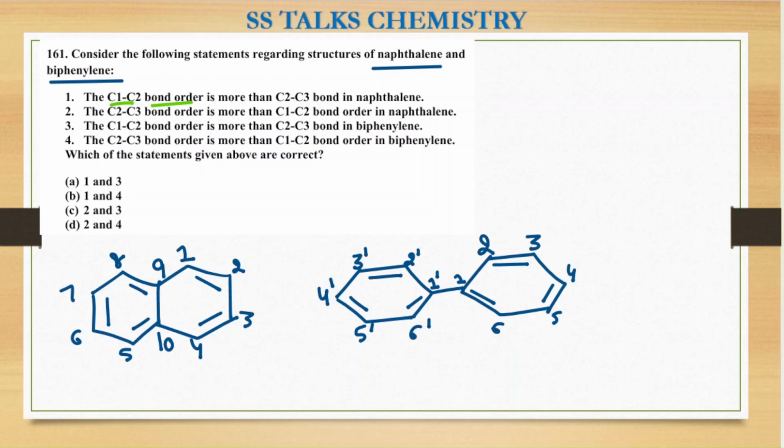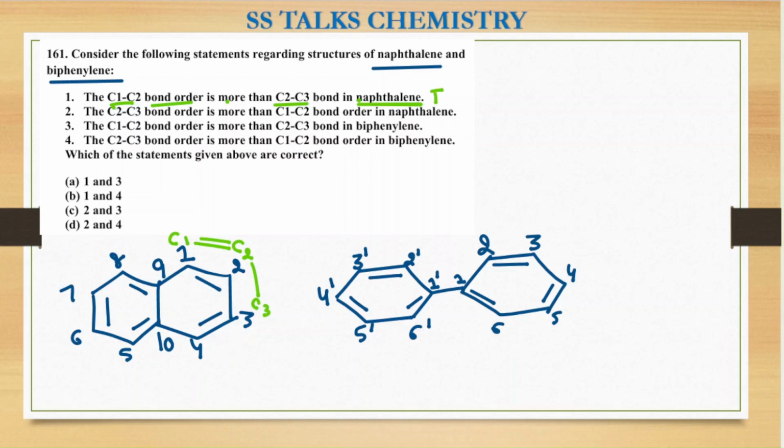So it says the bond order between carbon 1 and 2 is more than between carbon 2 and 3 in the case of naphthalene. In the naphthalene molecule, this is carbon 1 and this is carbon 2. Between both of these there is a double bond, whereas between carbon 2 and carbon 3 there is a single bond character. So that is what it is saying and the statement is the true one.